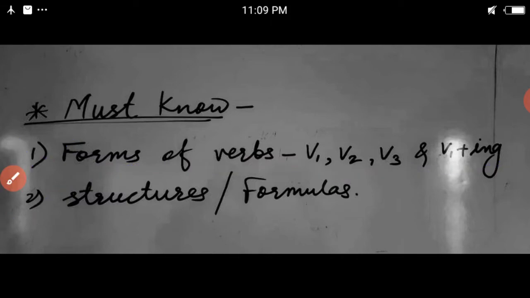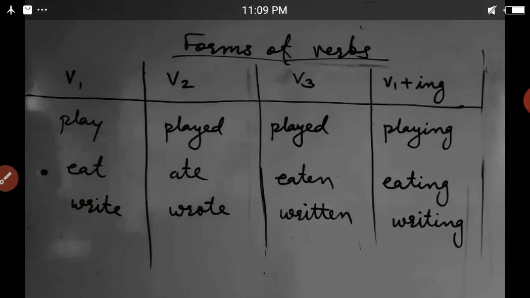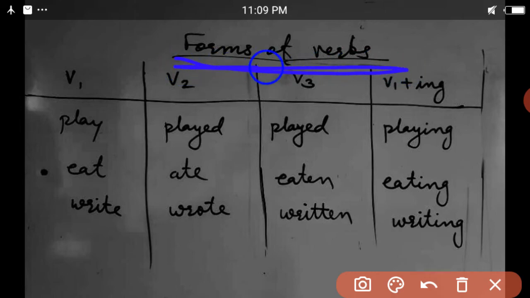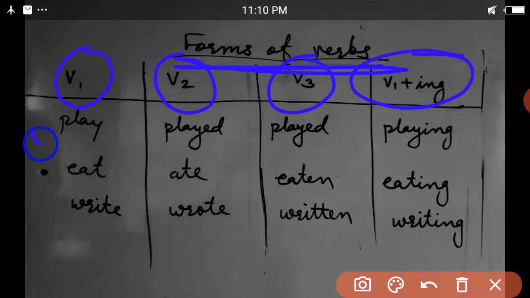Now, let us go ahead. Here I have mentioned some of the forms of verbs in this table. So the first column is of V1, the next one is of V2, the next one V3, and the last one V1 plus ing. Here are the examples. Play, V2 played, V3 played.